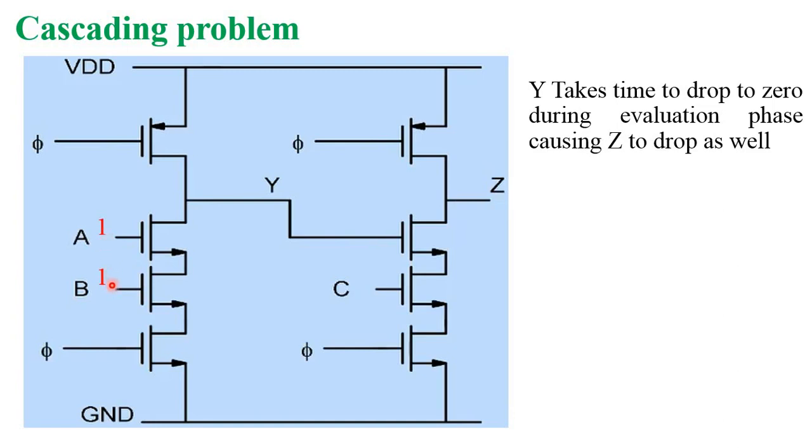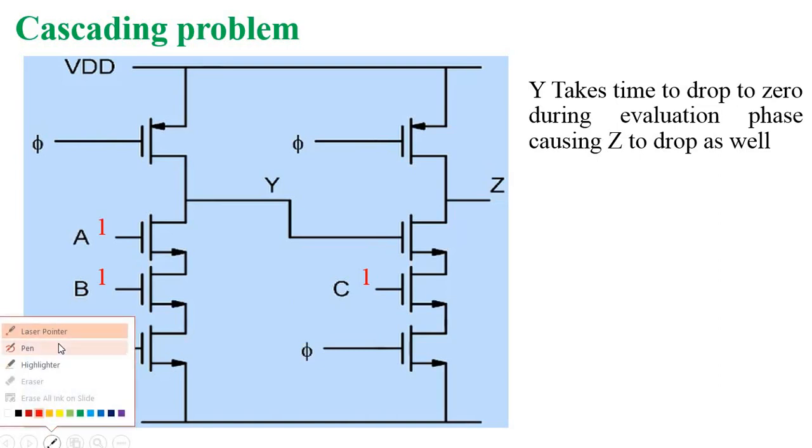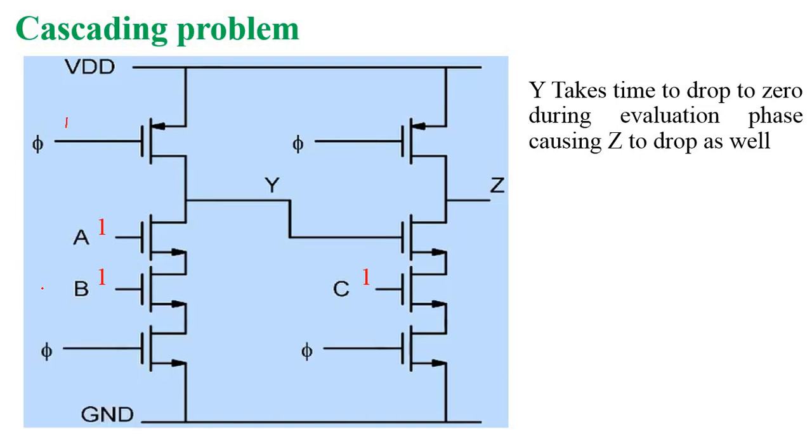If A is equal to 1, B is equal to 1 and C is equal to 1, then during the evolution phase phi is equal to 1 everywhere. The pre-charge transistor does not work; it is in the open-circuited condition, and the evaluation transistor is in the on state. And the output here is equal to 0.